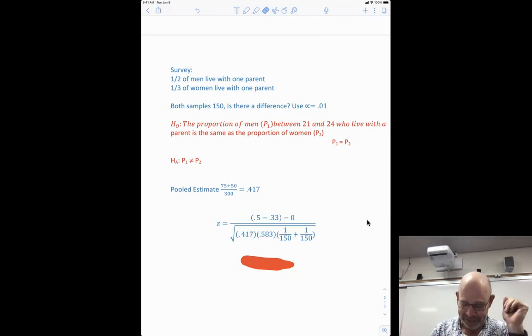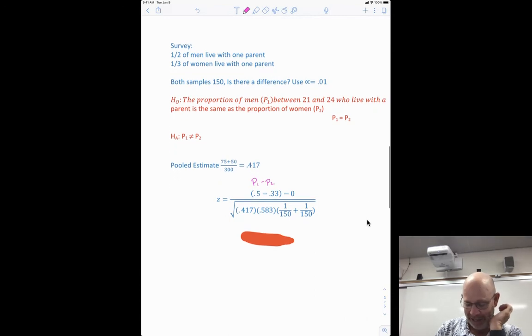So then when I find my test statistic, notice P1 minus P2, 0.5 minus 0.33, minus what we expected to get, which is 0. And then there you see the P and the Q. I don't really like to write it the way the book writes it.